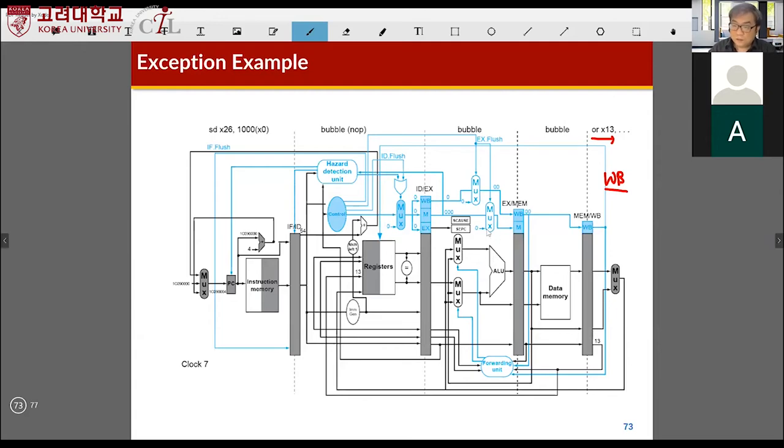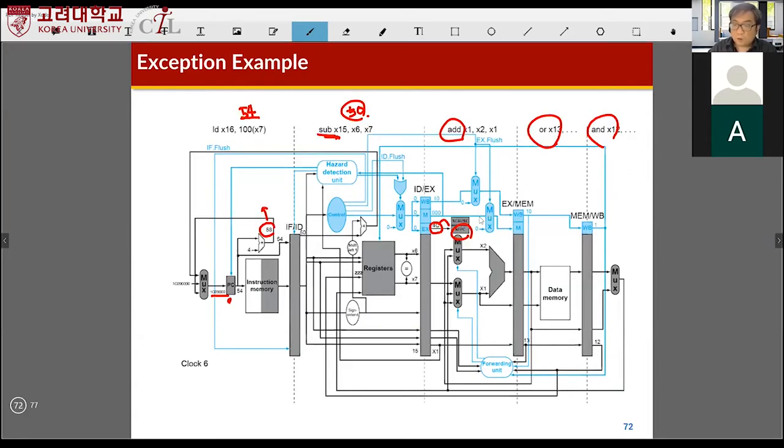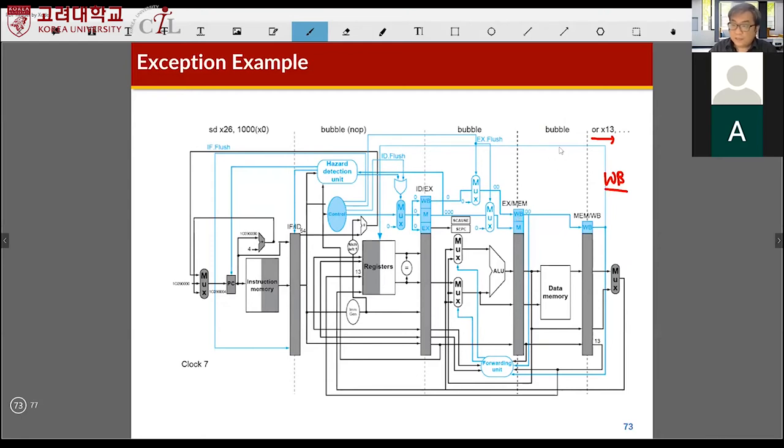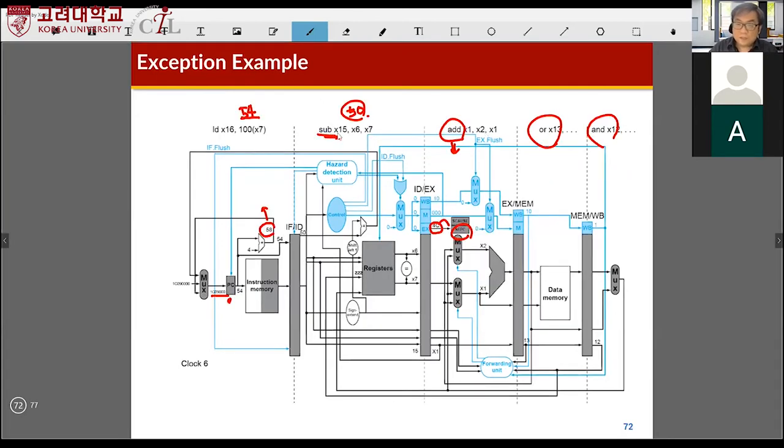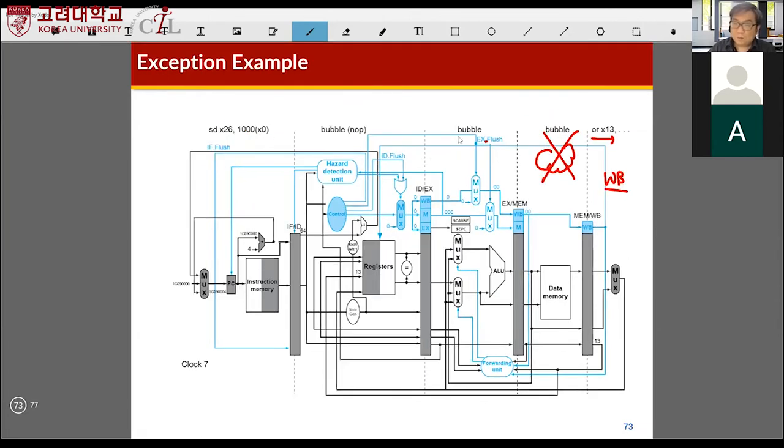The ADD instruction was here, and then it is flushed. So in the memory stage, there is no instruction. It's a bubble. Also, these SUB and LOAD instructions are flushed away. It's a bubble and a bubble.